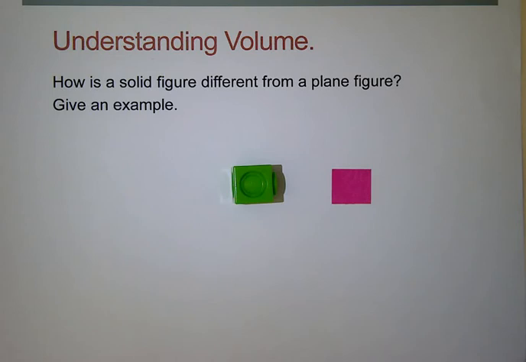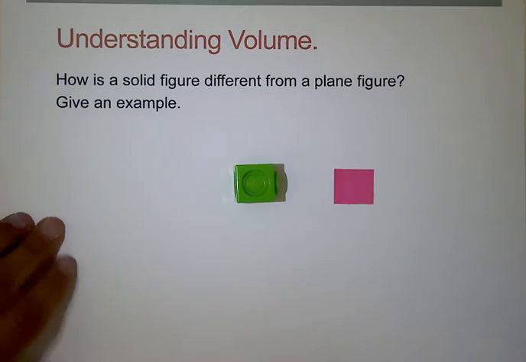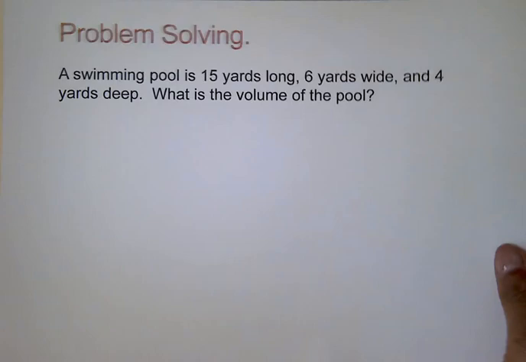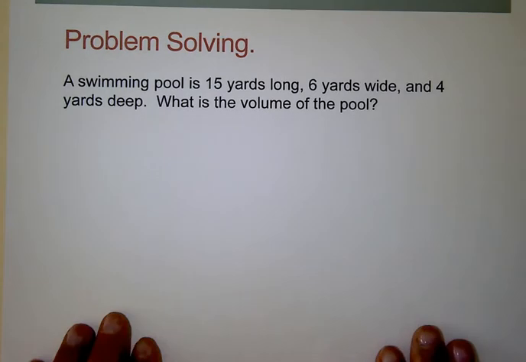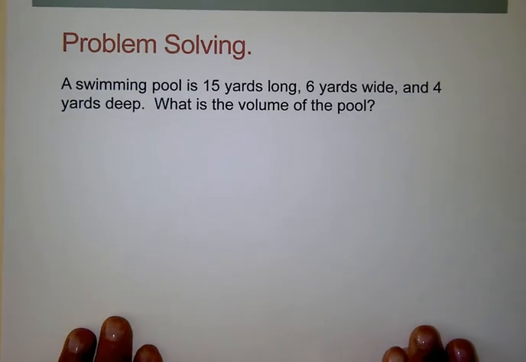An example of this would be a swimming pool. A swimming pool is 15 yards long, 6 yards wide, and 4 yards deep. What is the volume of the pool? So I need to know how much space is inside that pool.